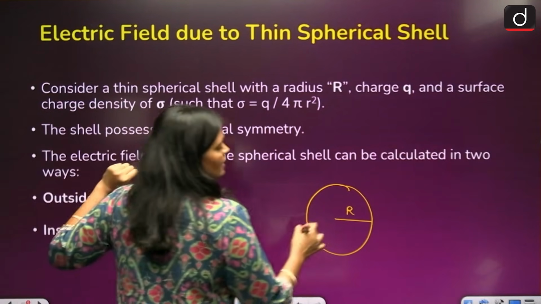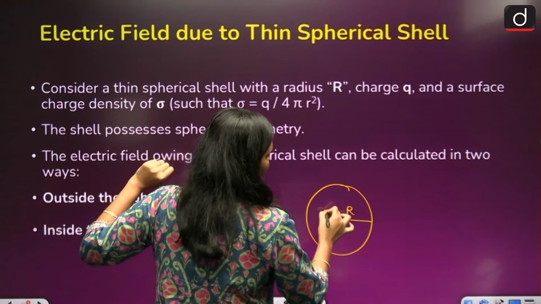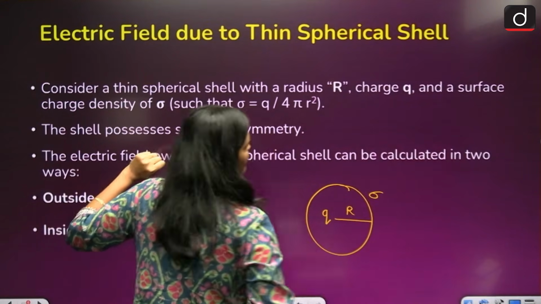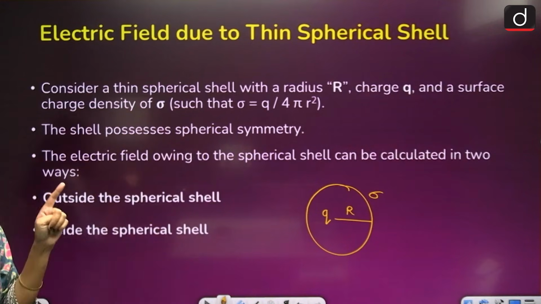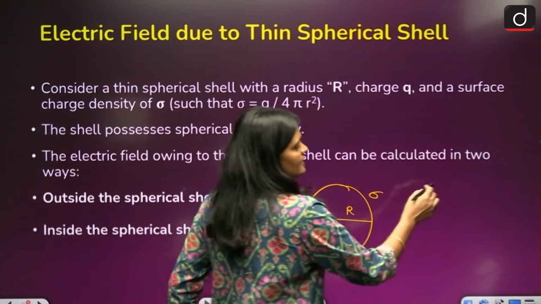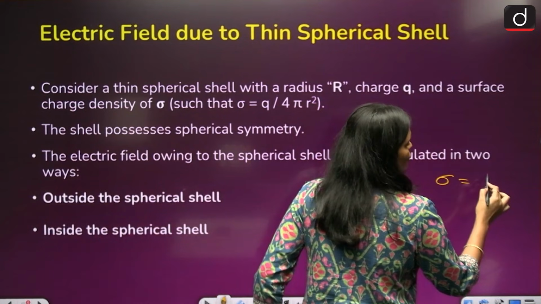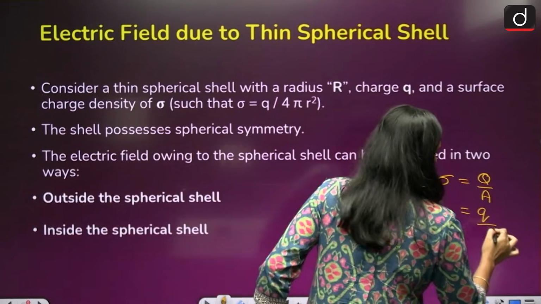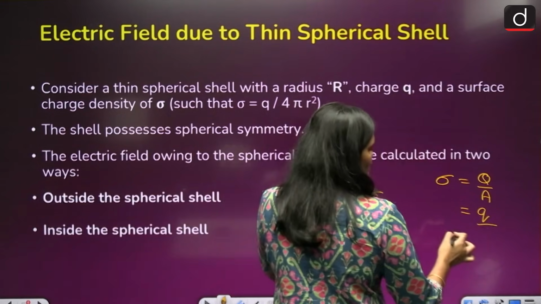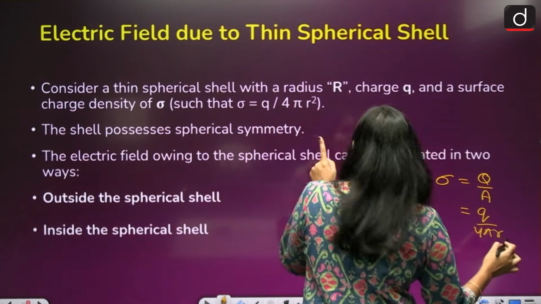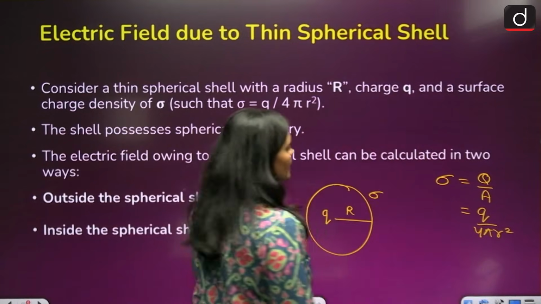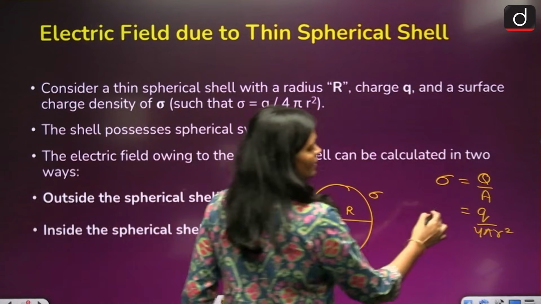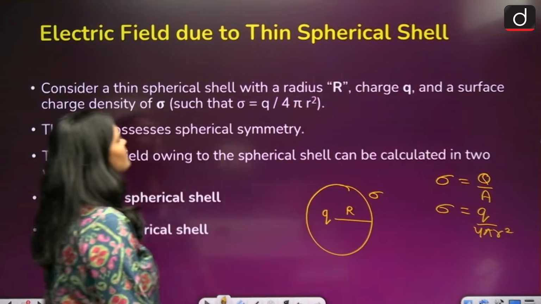Now suppose in this shell you have a charge Q and the surface charge density is sigma. And you know surface charge density is Q upon area, and the area of a sphere is 4 pi r square. So this is the value of your surface charge density.